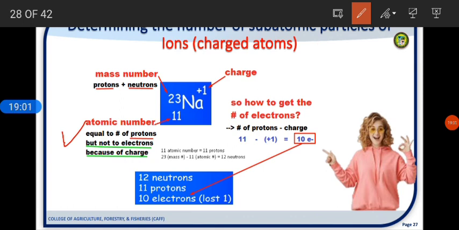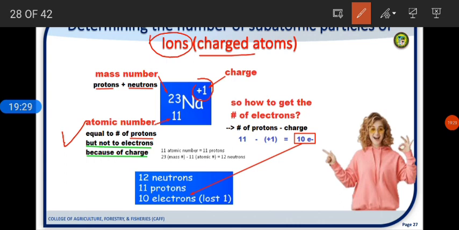Why? Because of charge. And you call these atoms ions. Remember that one? The atomic number now for ions is equal to protons, but not equal to electrons because of the charge. Now, you have here a +1 charge.